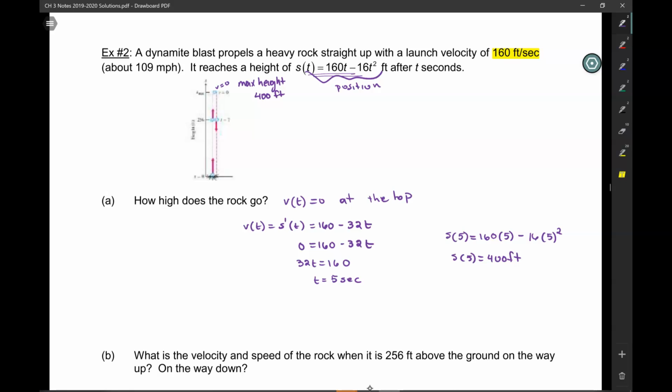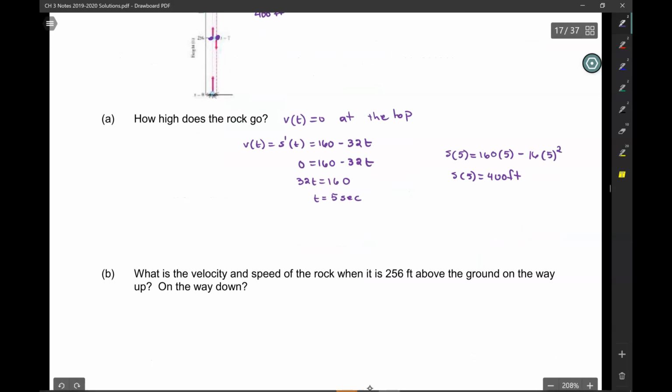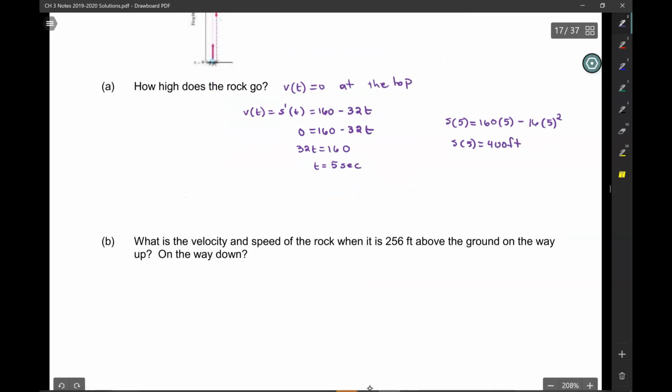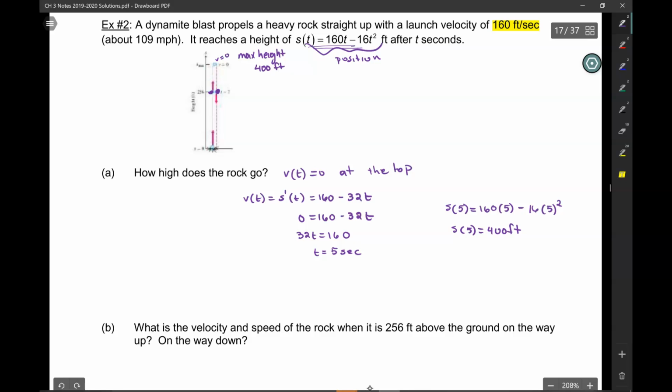And then when it comes back down, I want the velocity there. Okay? So, I need to know what was the time when it was at that height first, and then what was the time when it was at the same height second.